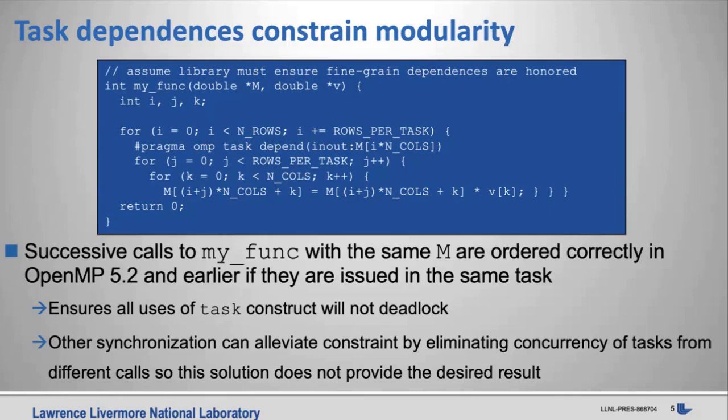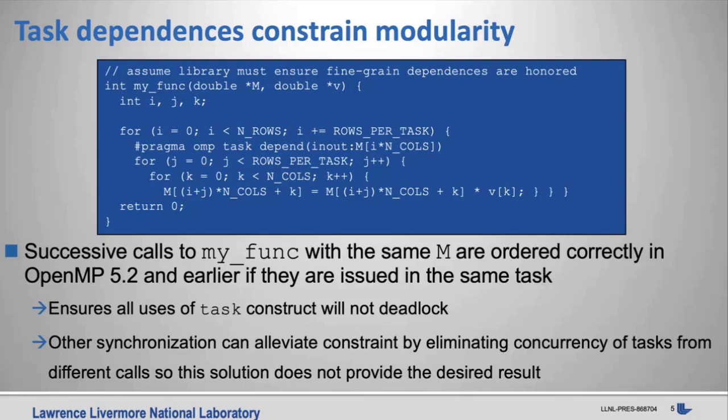However, that point-to-point synchronization prior to OpenMP 6.0, so in versions 5.2 and earlier, the dependencies can only be specified between what we call sibling tasks. So tasks for which their task generating construct is encountered by the same task, right?